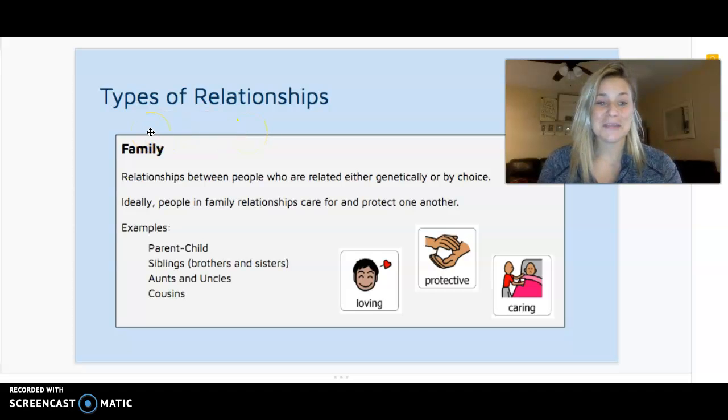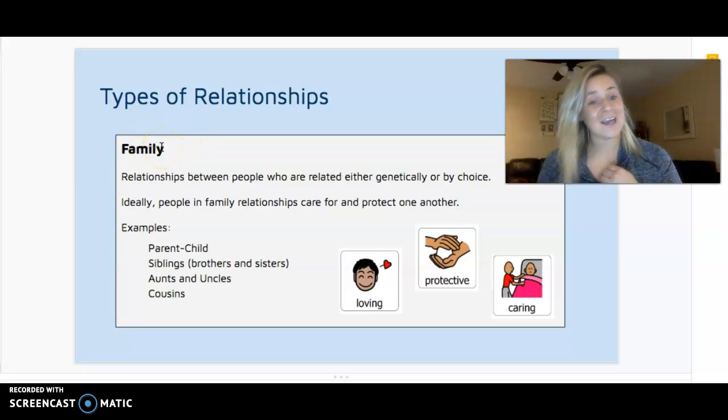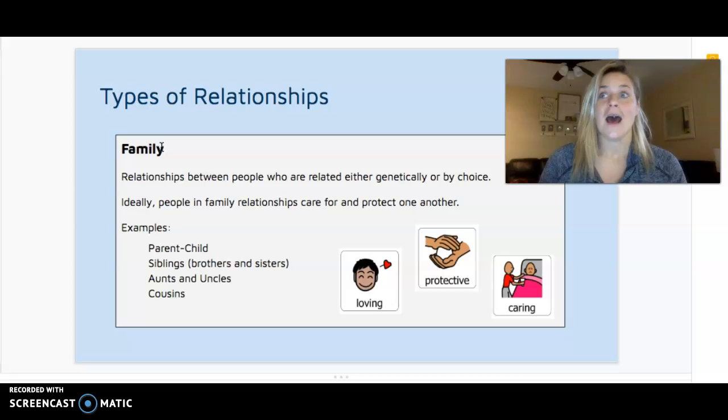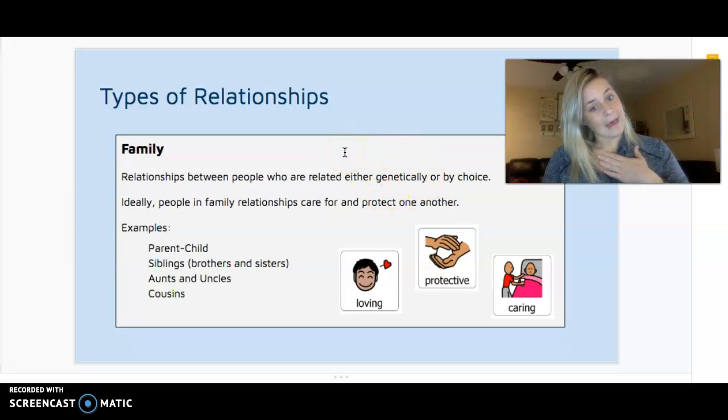All right, so types of relationships. Family. We talked about how family, we can kiss and hug our family members. It's a relationship between people who are related to each other either genetically or by choice. You remember, genetically means by blood. So I have two brothers, and they're my family because of genetics.